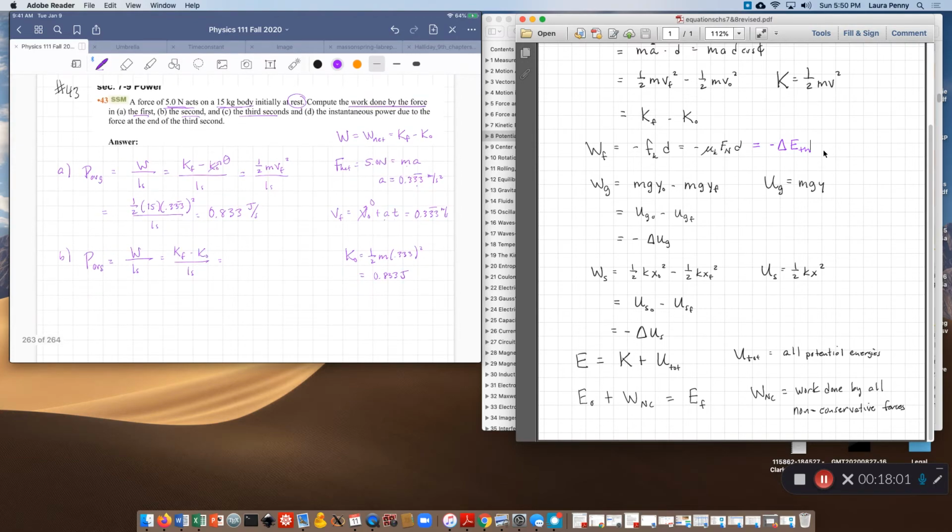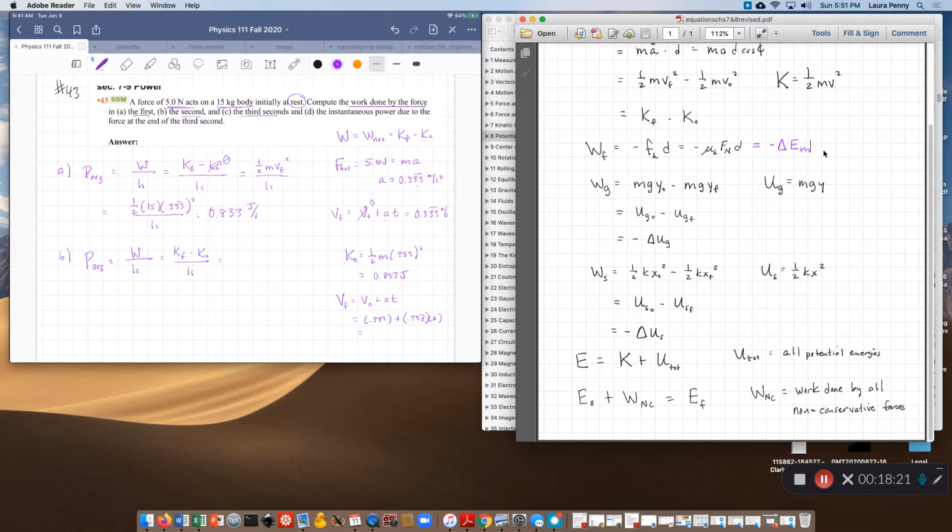My final, so I need to know the final velocity. I can still use this equation, but now this is 0.333 plus 0.333 times 2, because that's how many seconds I'm going into my second.